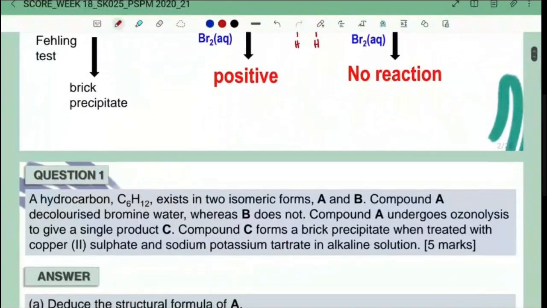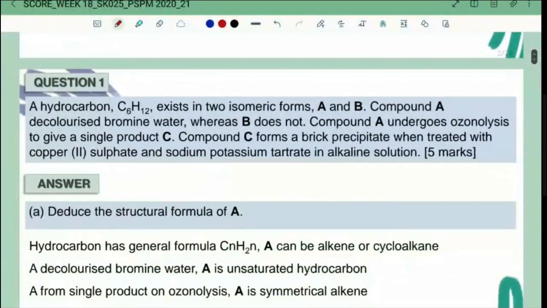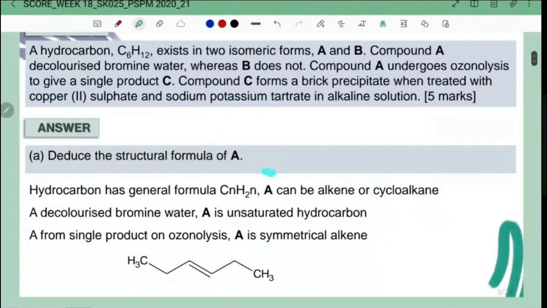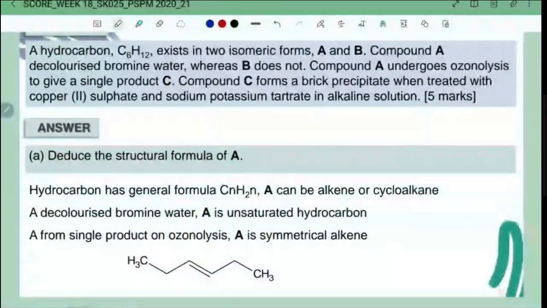Okay, so the question asks you, deduce the structural formula of A. Okay, so nampak kat sini, hydrocarbon has a general formula CnH2n.